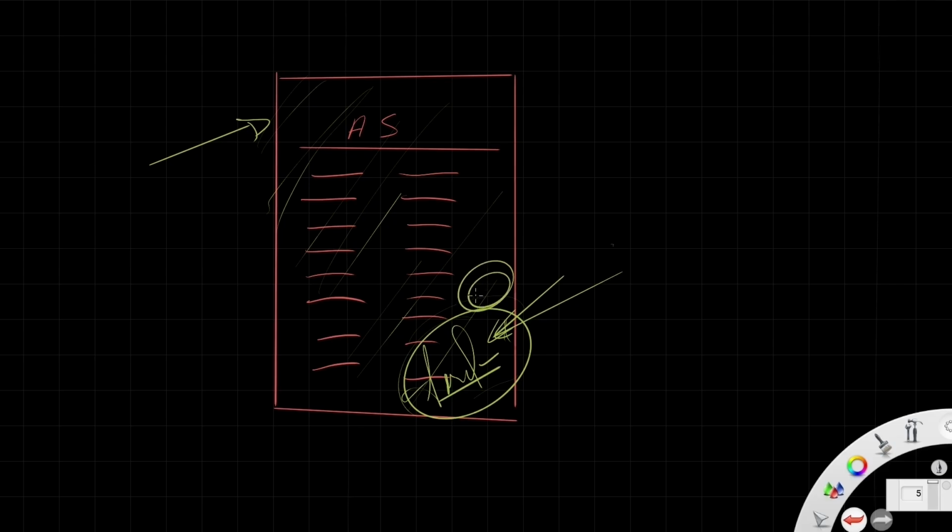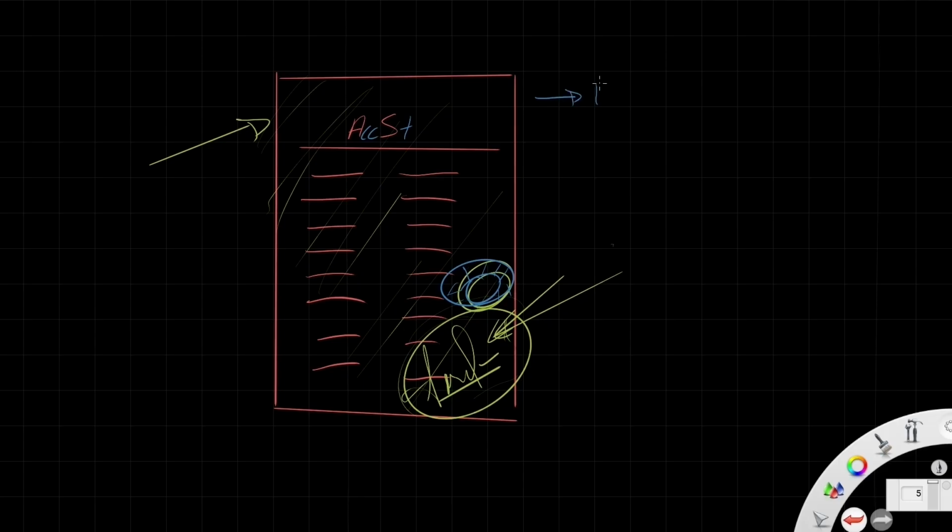So there could be a seal as well. Let's put a seal in a different color. We'll put a blue seal, the seal of the bank. That's also part of the signature normally. So this is the seal of the bank on the document. Seal and signature normally we get on the account statement. Now what are the properties we are looking at here?